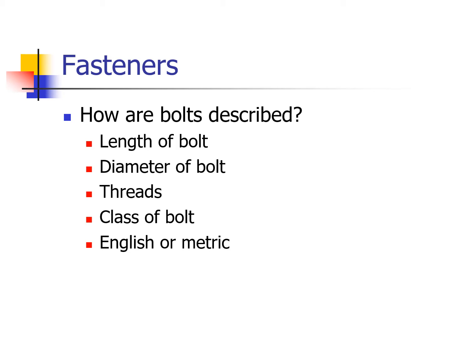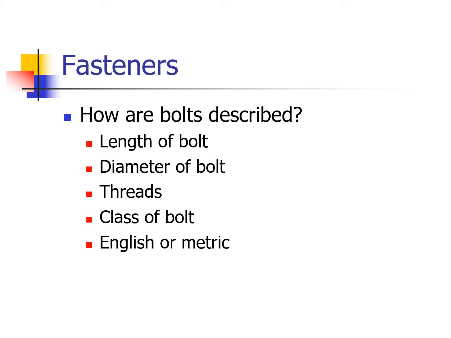And then the final thing that I need to know is whether it's an English or a metric bolt. Most of the things made today are metric, but you will come across stuff made in the United States predominantly that may still have English bolts attached to it.